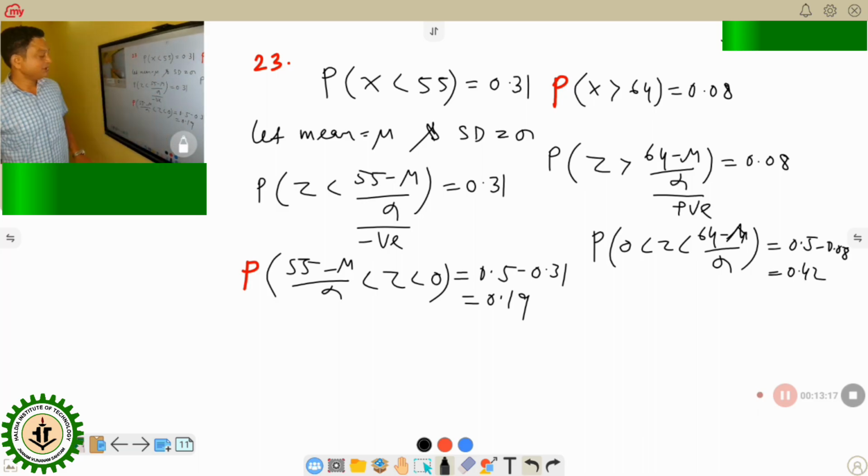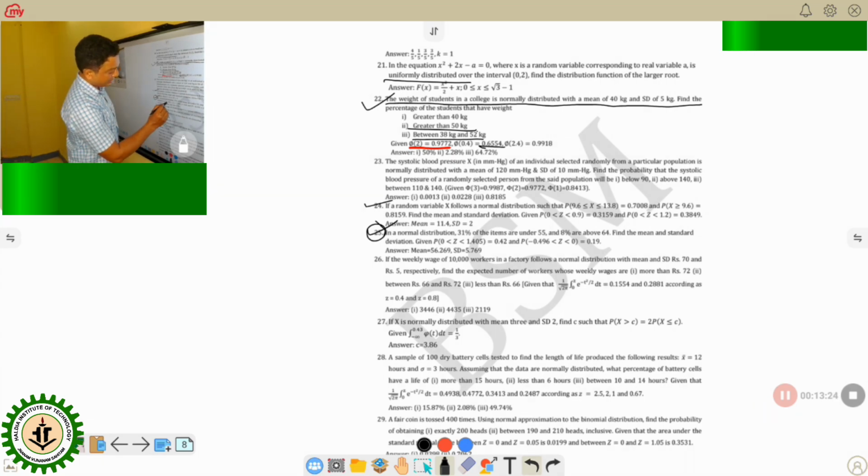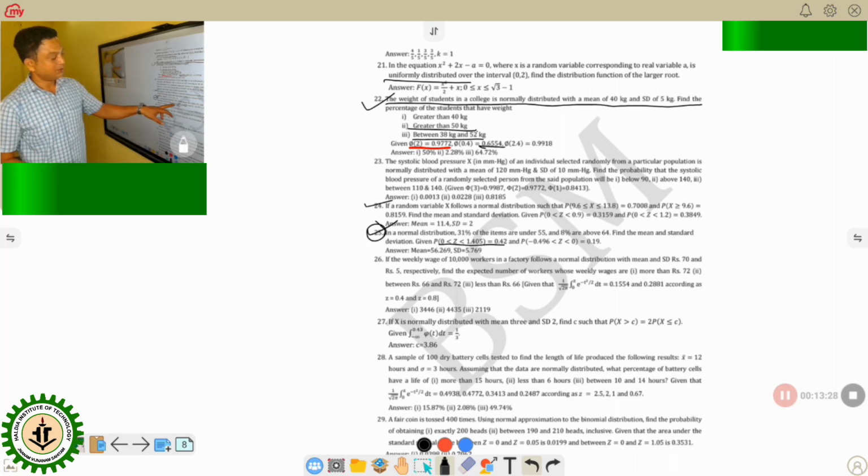Now compare these two probabilities with the given information: the first one, from 0 to this point, is 0.42. So this is the value of (64 minus mu) divided by sigma, and this one is (55 minus mu) divided by sigma.